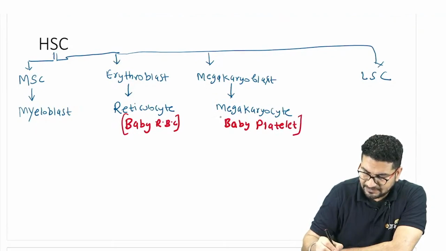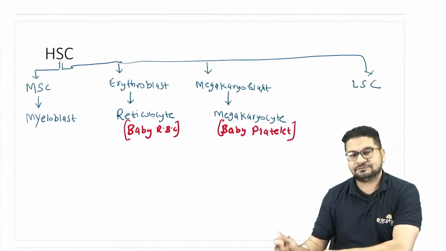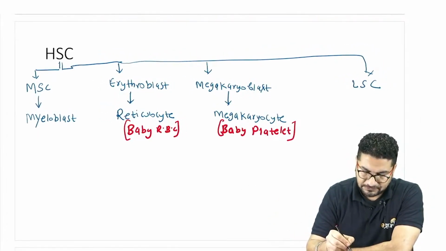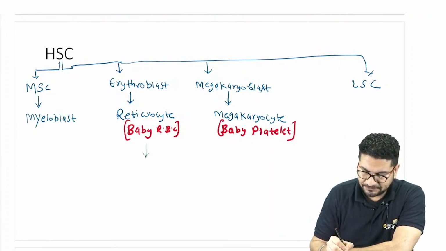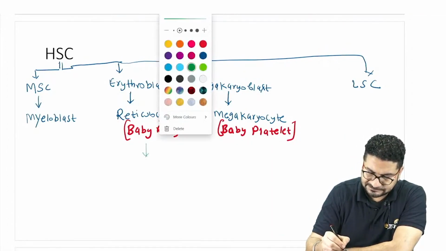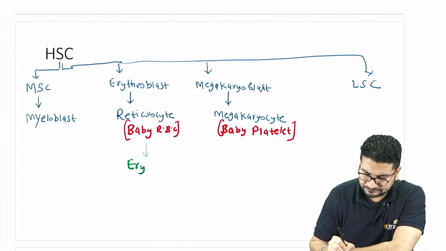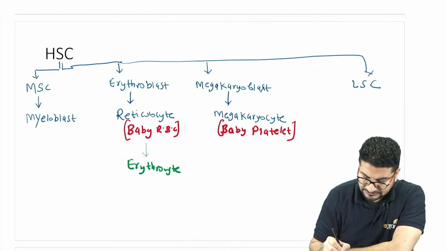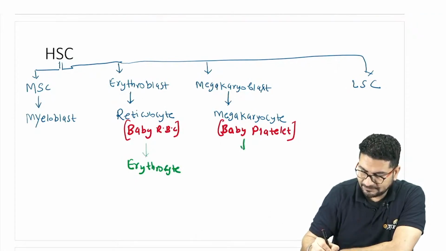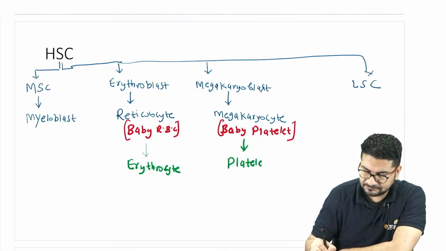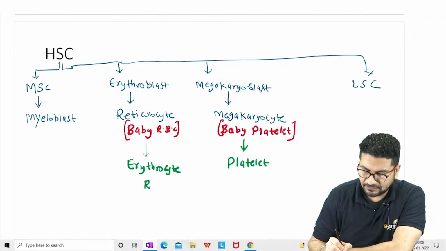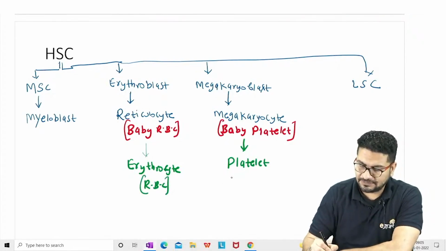Now these babies will eventually grow. Reticulocyte will produce your erythrocyte, and the baby platelet, megakaryocyte, will produce mature platelet. As you know, erythrocytes are also called RBC, and platelets are also called thrombocytes.